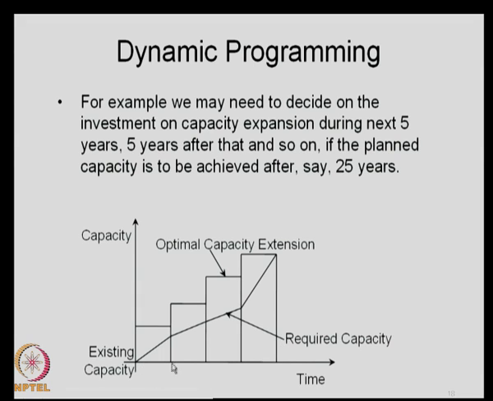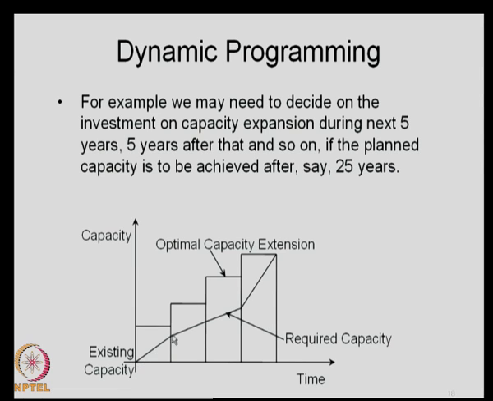So, let us say that you want to expand the capacity in this particular manner. That means, you are saying that at the end of the first 5 years, my minimum required capacity is here. At the end of second time period, my minimum required capacity is here, and so on. At the end of this time horizon, I want to achieve the full capacity expansion, and this is the point that I want to reach.